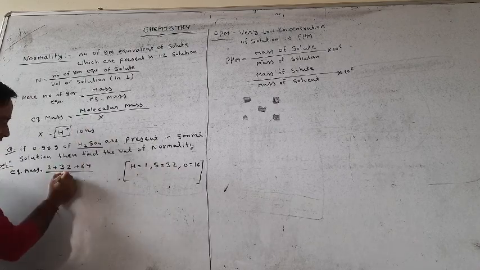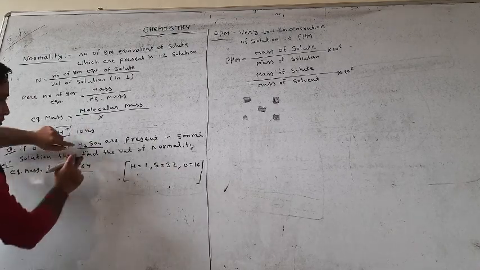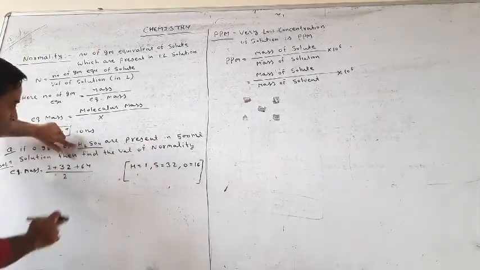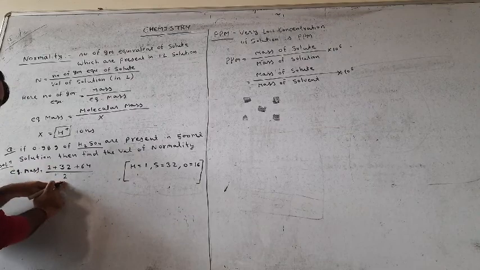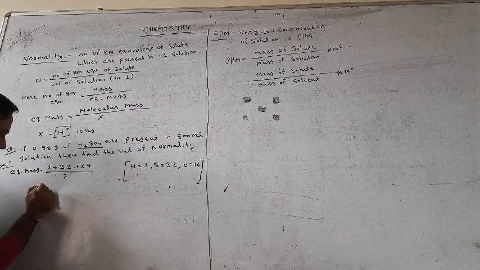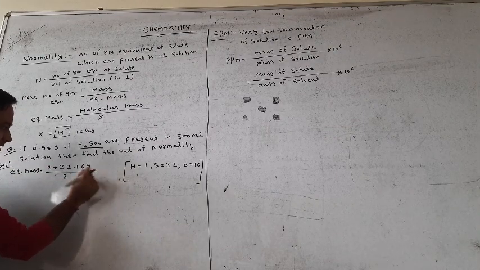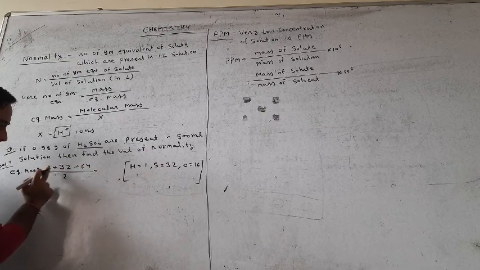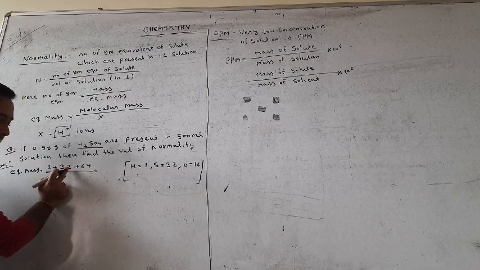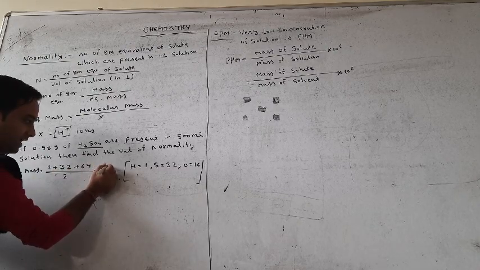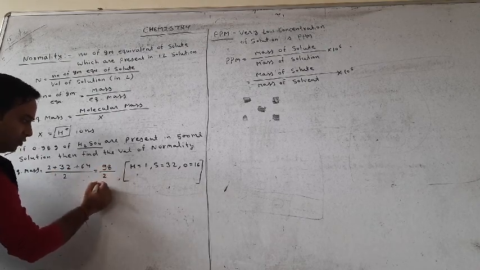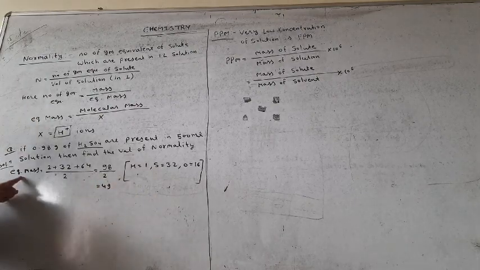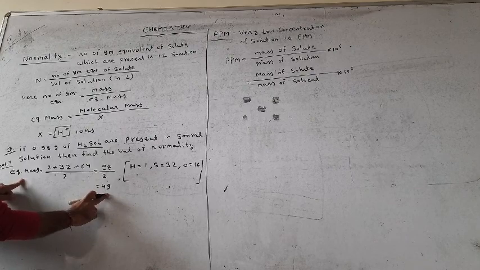Upon x, which is 2, because we have 2 hydrogen ions. After calculation we get 64 plus 2, 66, plus 32, 98, divided by 2. The value is 49. The equivalent mass is 49.